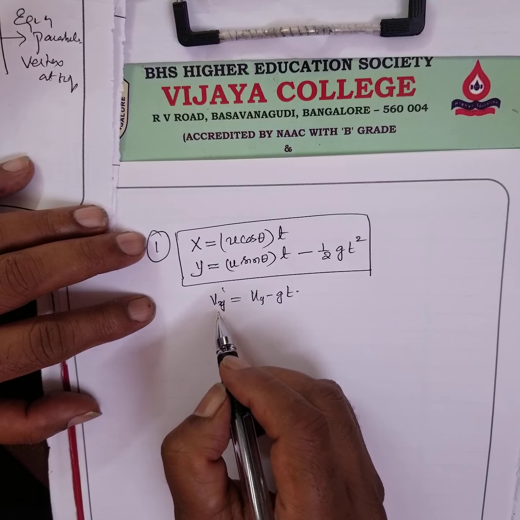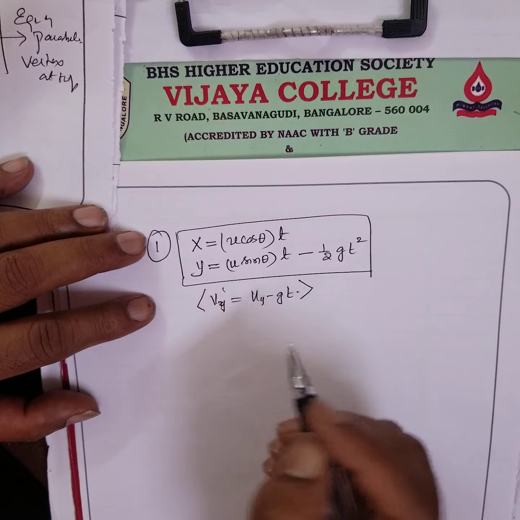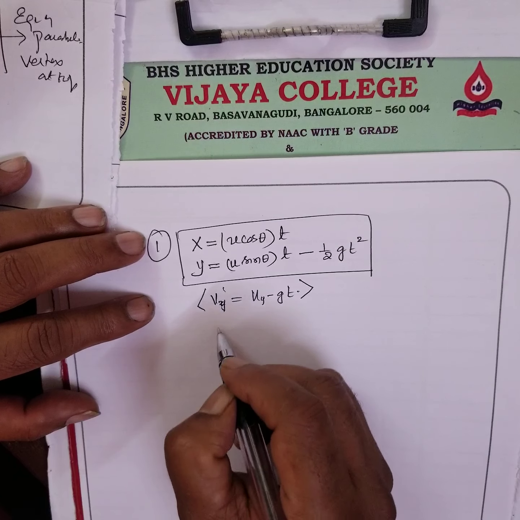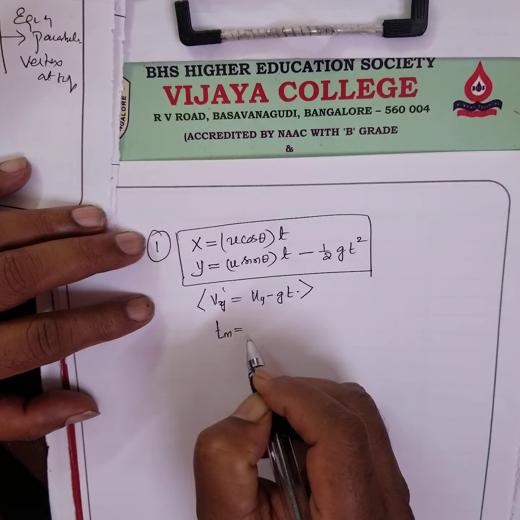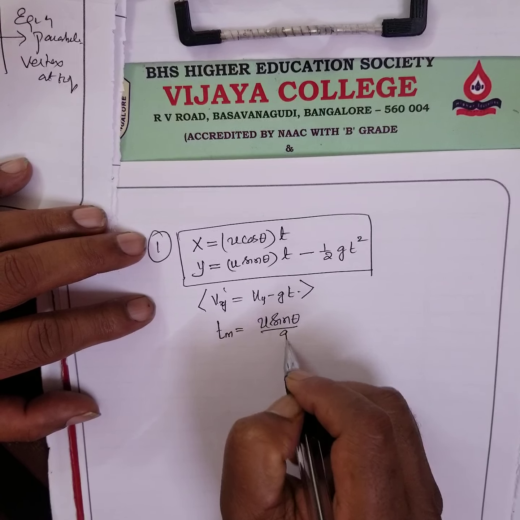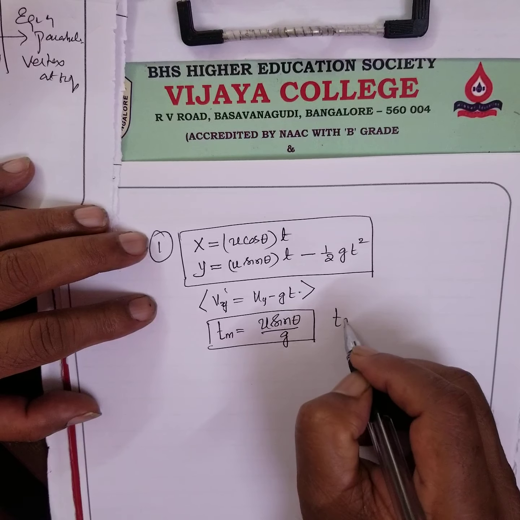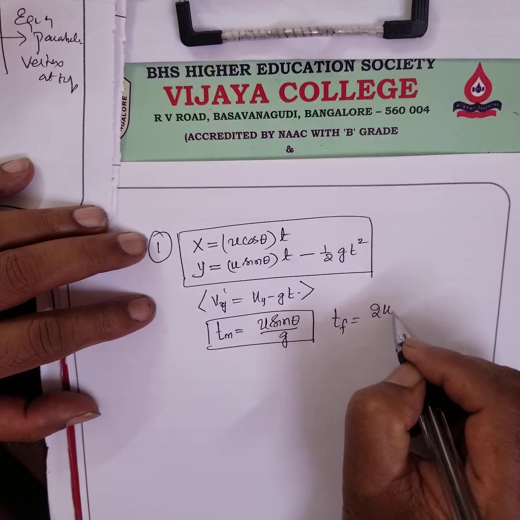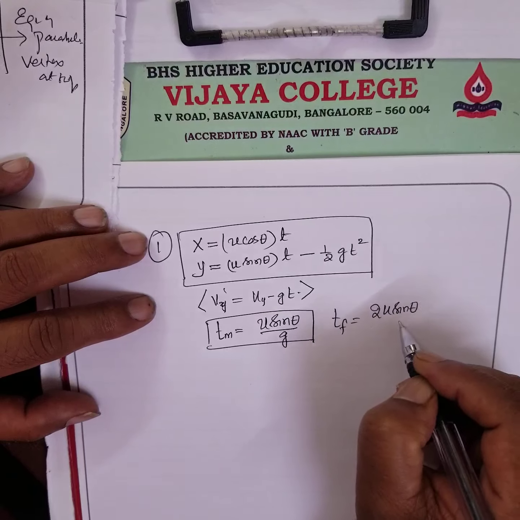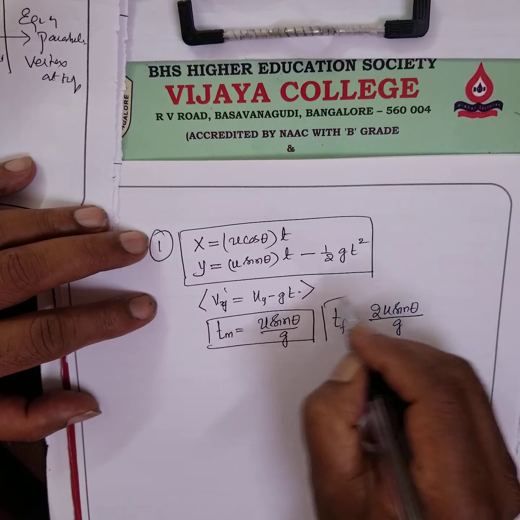This is to find out velocity at any instant, right? And also time to reach maximum height is what? U sin theta by g. Then time of flight is equal to 2u sin theta by g.